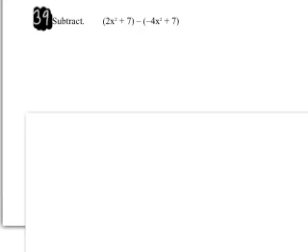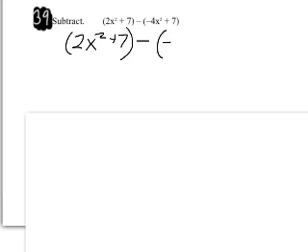All right, so we've got 2x squared plus 7, and then that is minus this thing, a negative 4x squared plus 7. So easiest way to do this one is we're going to just change the signs to make this a distribution.